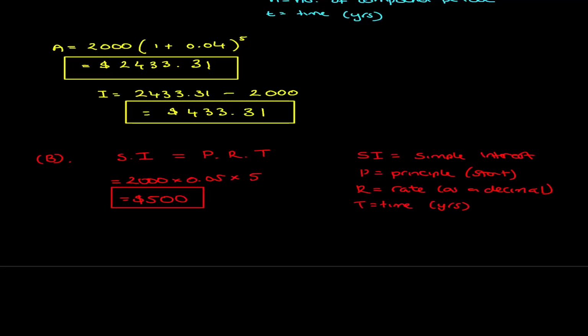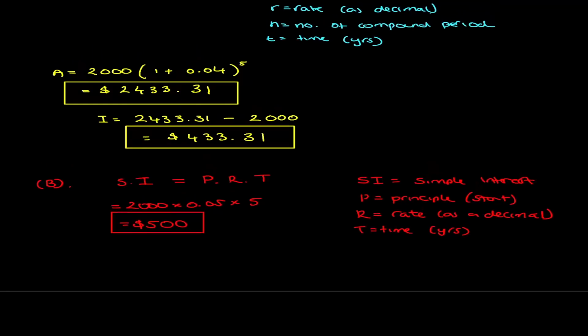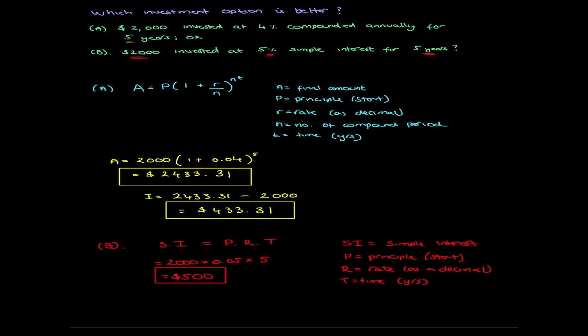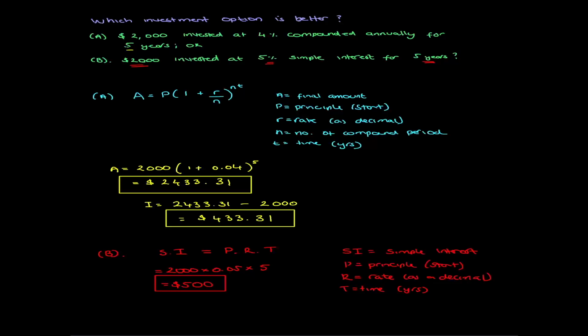So in this case, we're investing money, so we want to make the biggest return. Always look at the question. Are you spending money, like paying off a home loan, a credit card, a car loan? If you're paying money, you want the smallest interest. But if you're earning money from investments, obviously you want the highest interest.